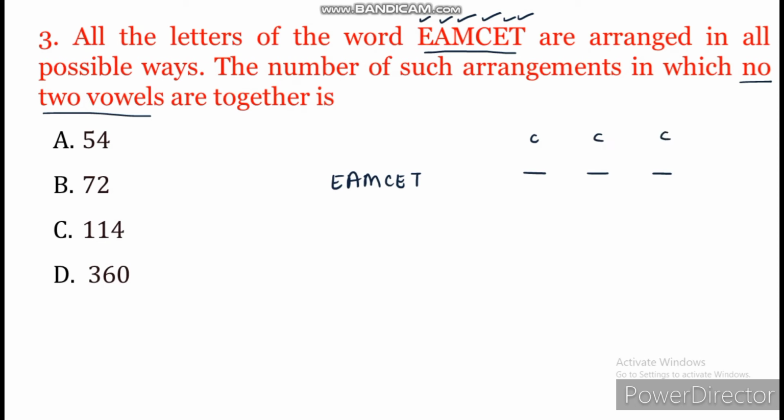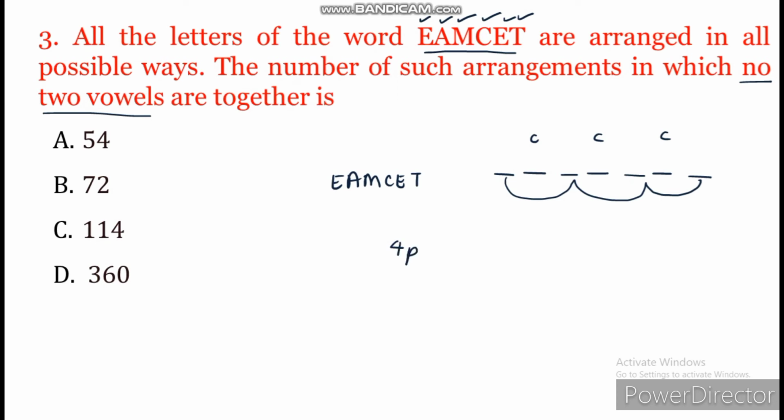And I have how many? You should have alternate vowels and alternate consonants. Then only in this case we can have no 2 vowels together. In that case, that means what? I have one place left here, one place left here, one place left here, one place left here. Right? It means out of these 4 places, I have to select the places for the vowels.